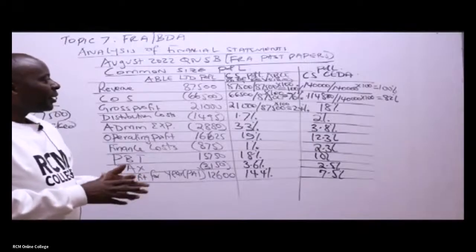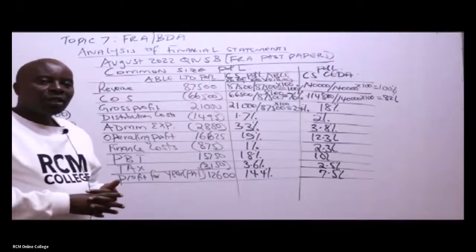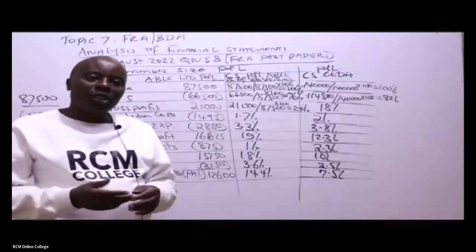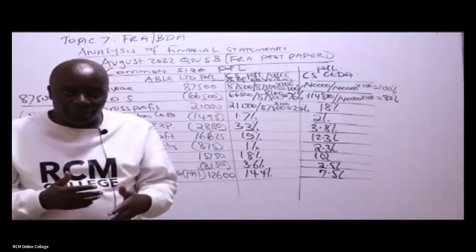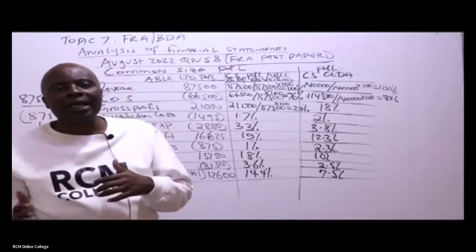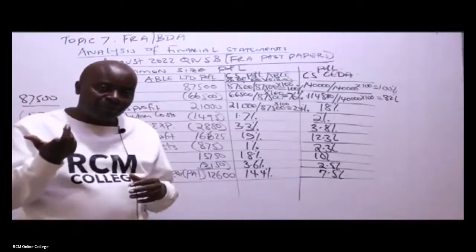Now, ladies and gentlemen, if you are the investor, in terms of these profitability ratios, which company will you invest in? If you're a potential shareholder, remember, shareholders are very greedy. They don't even want to look at the expense structure. They are always there to maximize profits.